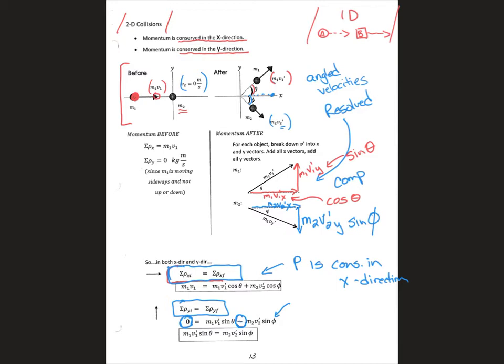So what we're doing is inserting a y component that's negative. Let me say that again. We're subtracting because the y component vector of momentum for mass 2 is negative. It's in the fourth quadrant.